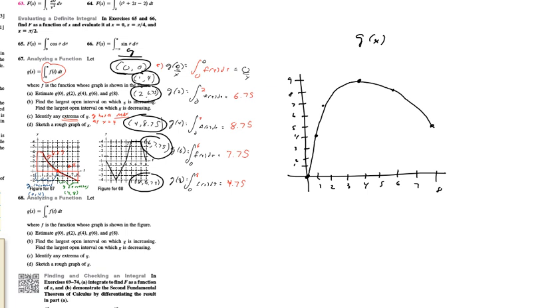The question is, how do I do this? Let me know what your question is. Why is this number that way? Why is that this way? Let me know what questions you have. Or if it's all clear and you want to try 86, I know that too. Are we good, everybody, or are we lost?